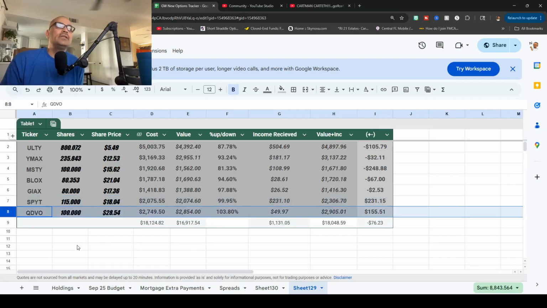QDVO, that one doesn't yield as much, probably 8%, and it's the best performer. 100 shares. Cost basis of $27.49. Value is $2,854, up about 4%. Income received about $50. So total return $2,905.01, up $155.51. So these are the things you need to ask yourself.